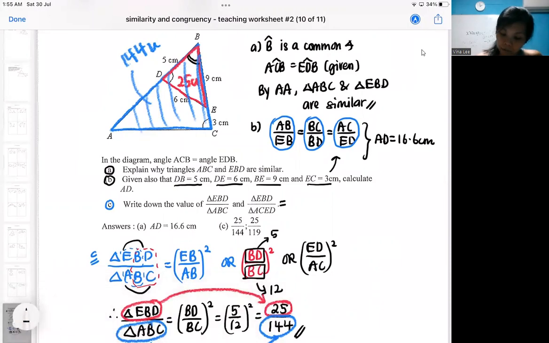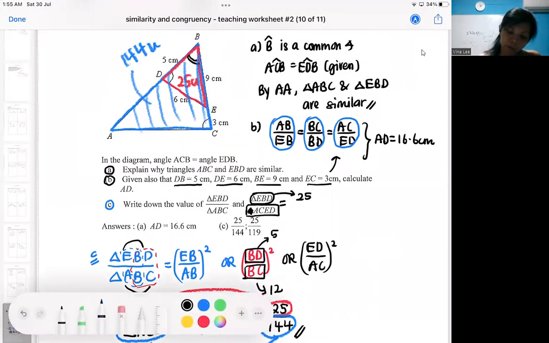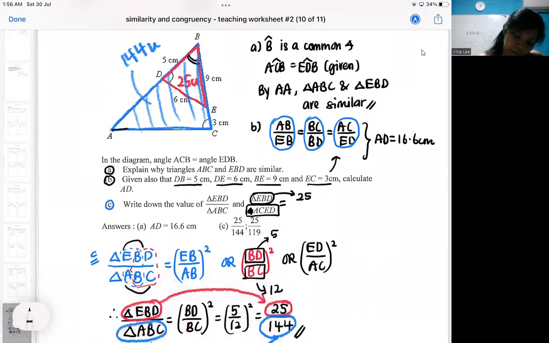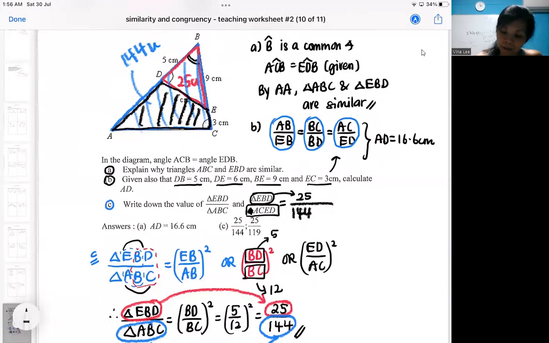The next part: this is 25 units, and this bottom part, sorry, this is not a triangle, is ACED. ACED is actually this black color, which is the blue one subtracting the red one.